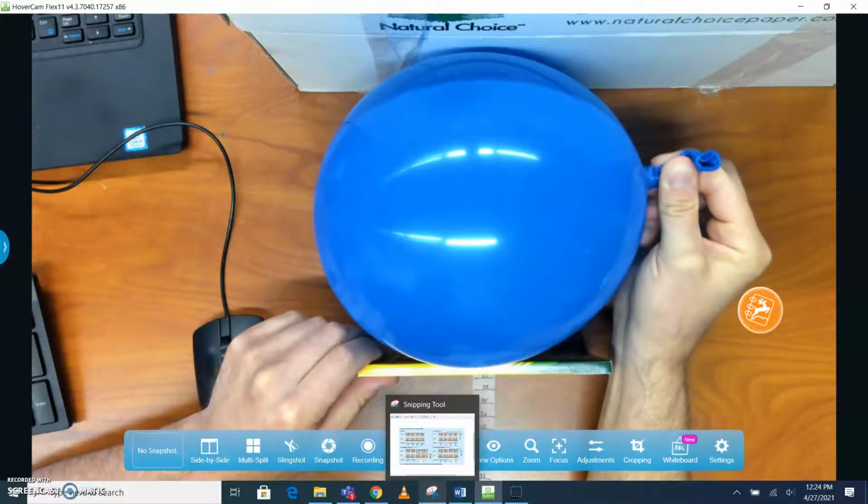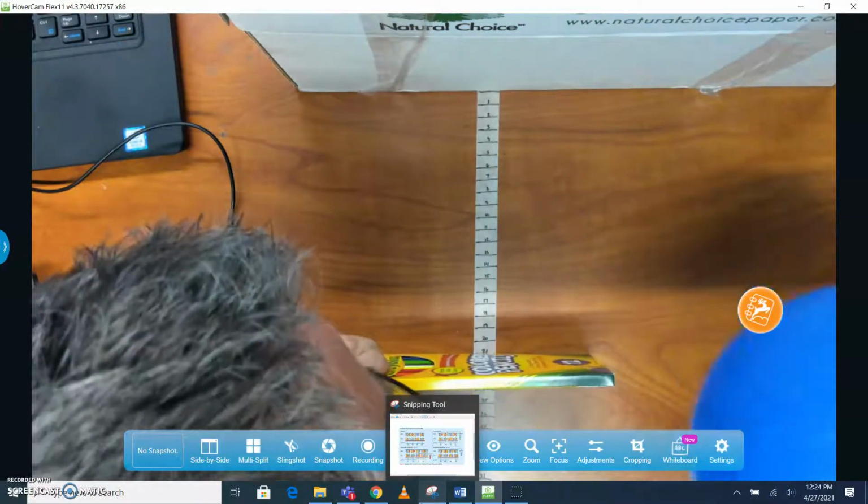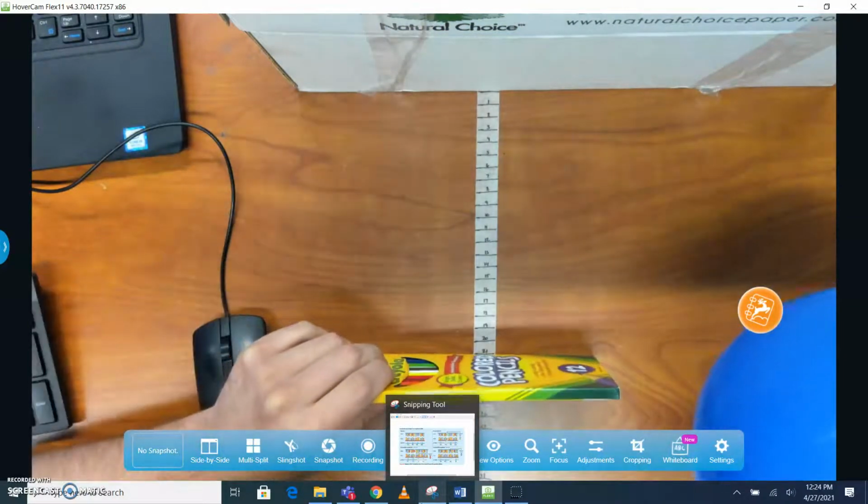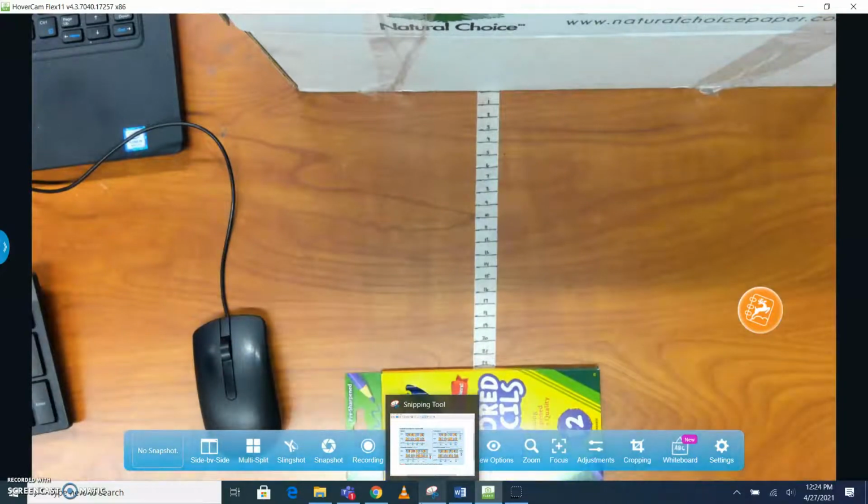All right, so we'll measure that, and that is about 21 centimeters again. All right, one more time. Let's see if I can hopefully not get 20. We'll see if I can get 22 this time. That might be tough to do.